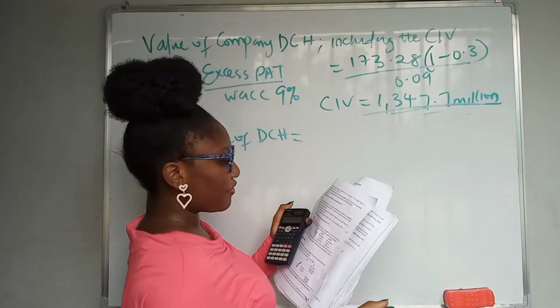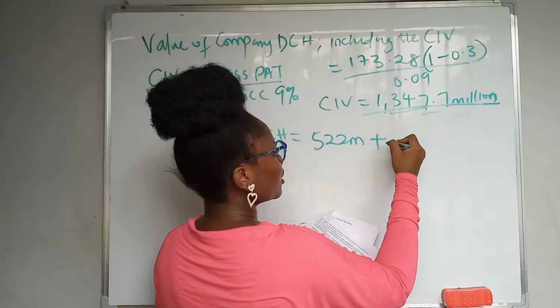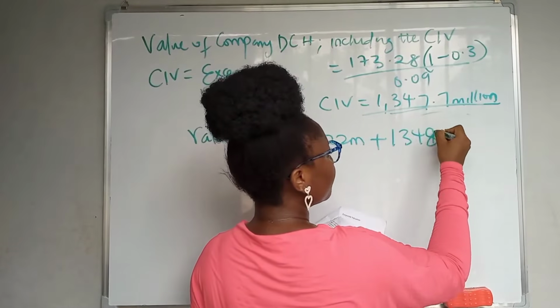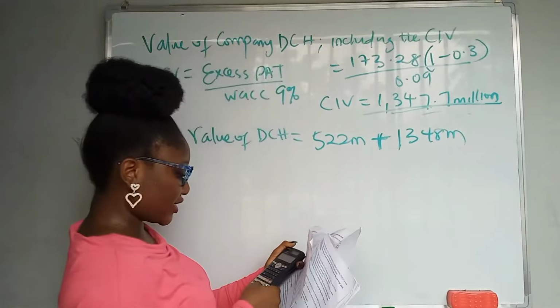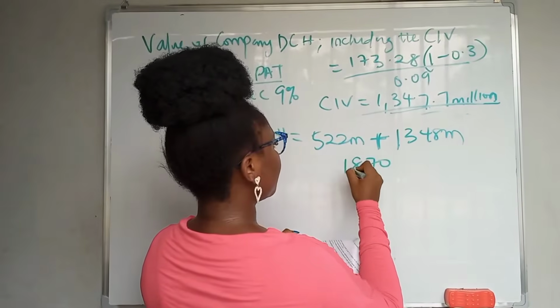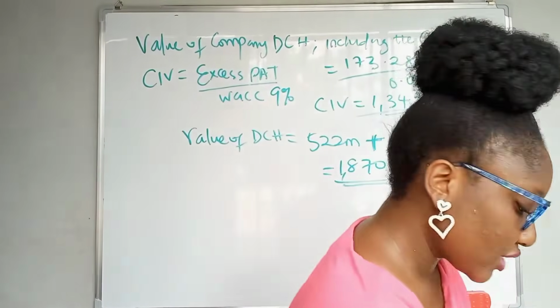That's 522 million, the tangible asset base, plus 1347.7, that's 1348 million. So when you put that in your calculator, you have 1870 million. So this is the value of DCH. Does it make sense? So those examples are enough.